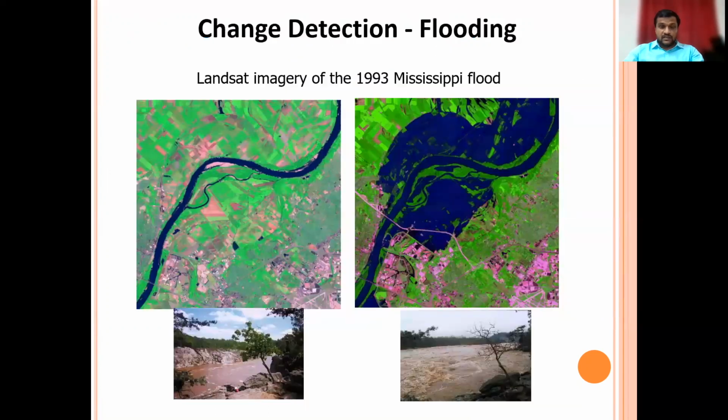Okay, change detection. In case of flooding, we have multi-temporal data sets. By getting multi-temporal remote sensing images of pre-flood and post-flood, we can easily map the flooded area. We can easily monitor the area spreading of the flood. That is very much useful for mitigation and planning strategies.